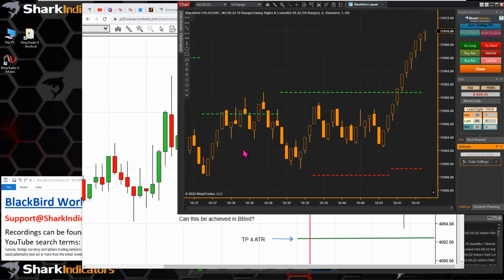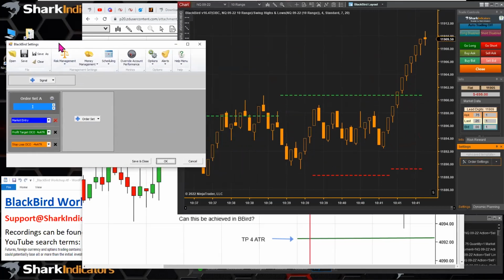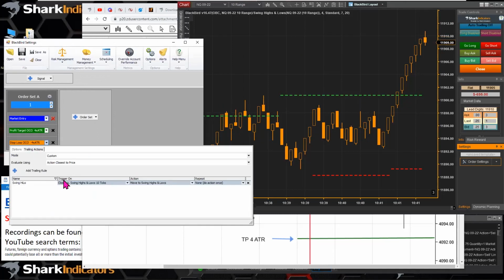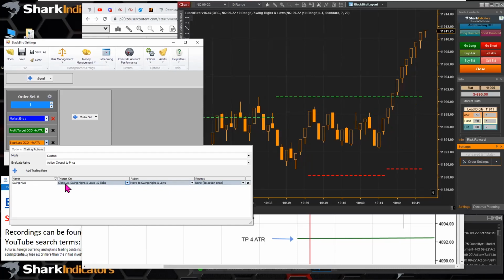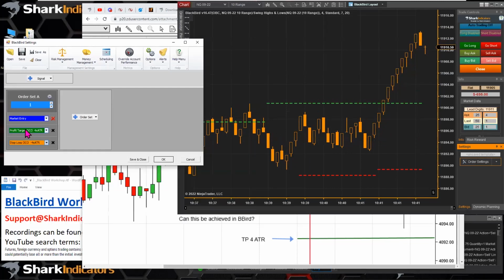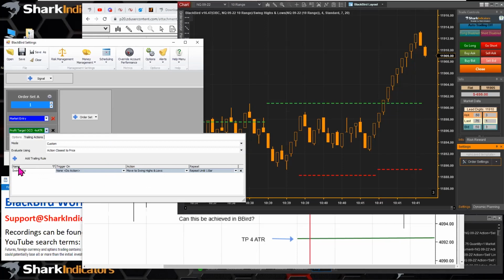So once again, just as we did with the stop loss, right? We use this trigger to make sure that the closing price of the market is on the right side of the market as compared to the swing point indicator. So we need to do the same thing for our profit target.